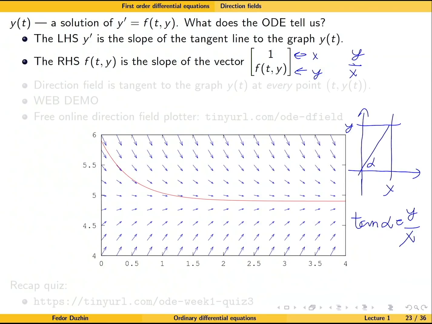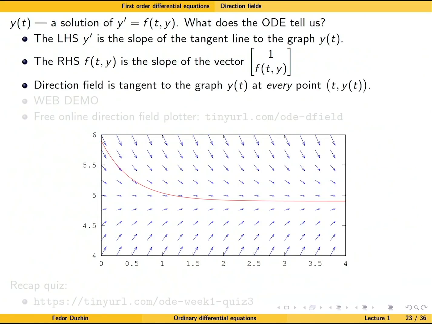So if y over x is 0, it means that y is 0. Well, and so on. So for example, if f of t, y is 0, it means that we're going to see a horizontal arrow.